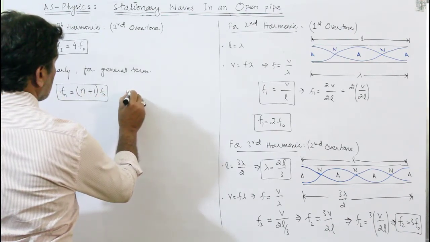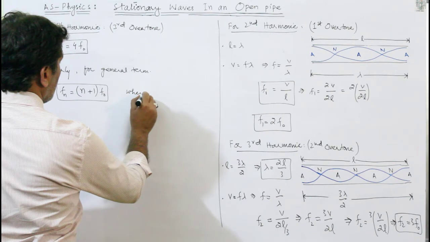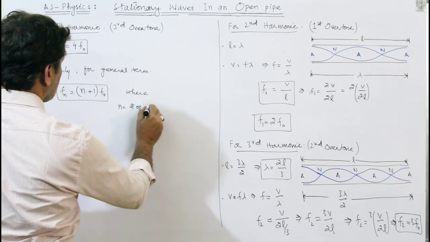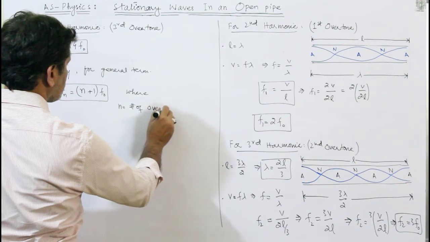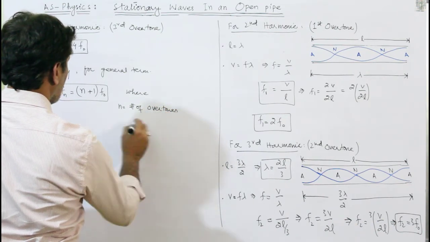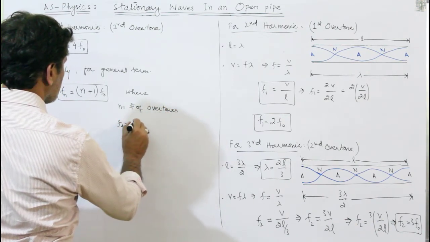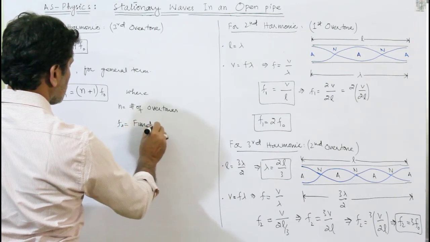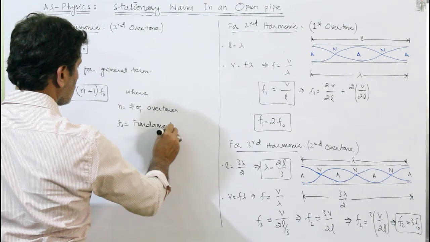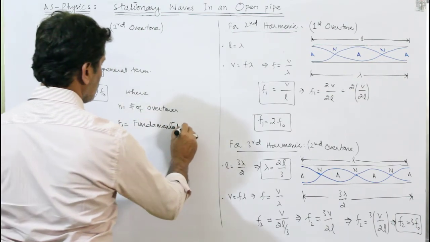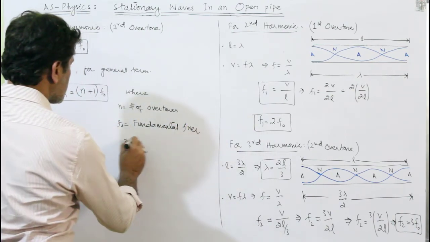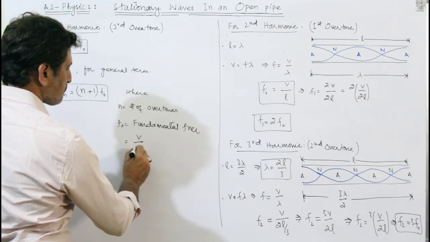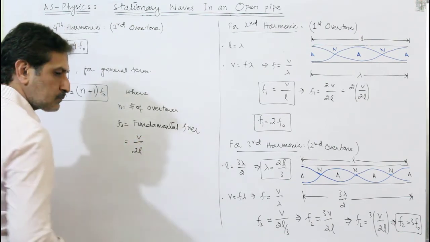where n represents the number of overtones and F naught is equal to the fundamental frequency, and the value of the fundamental frequency is equal to V over 2L.